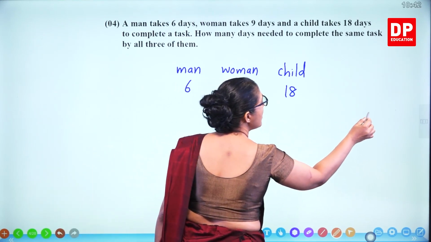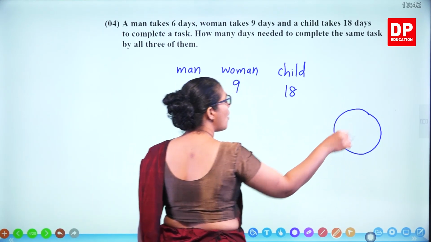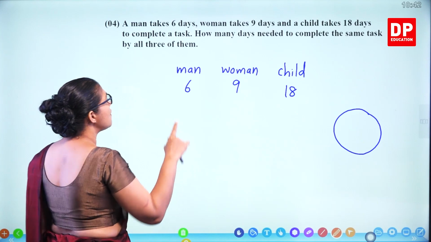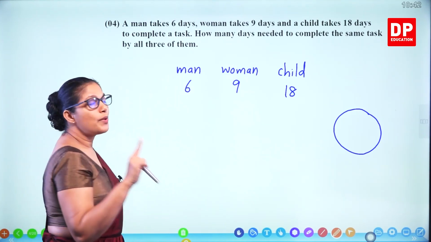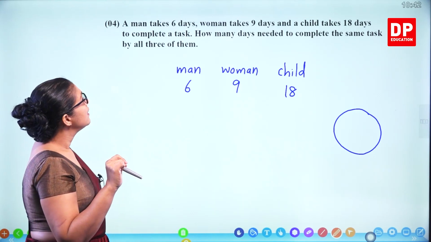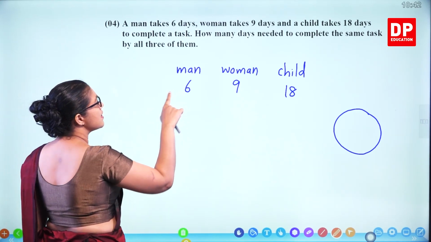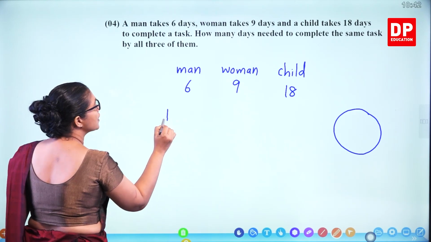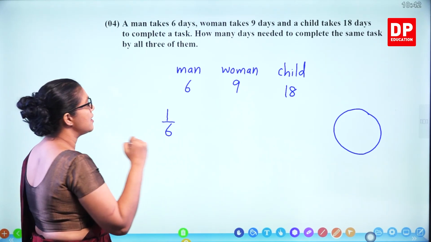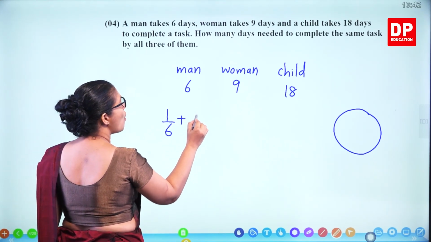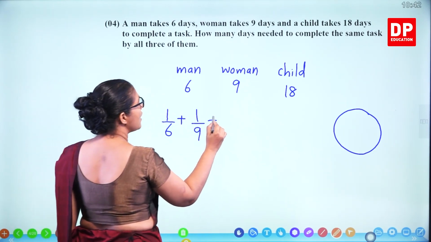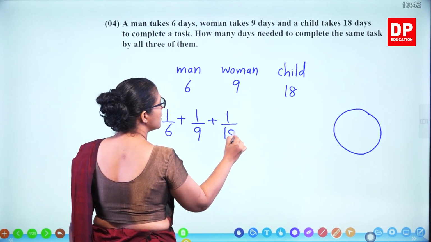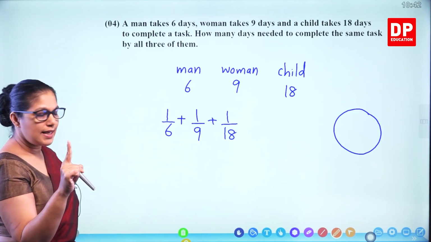If the full work is 1 whole thing, what's the fraction of work the man can do within 1 day? So this is 6 days, so 1/6 of the work he can complete. The woman can finish 1/9 of the work. And the child can do 1/18 of the work per day.